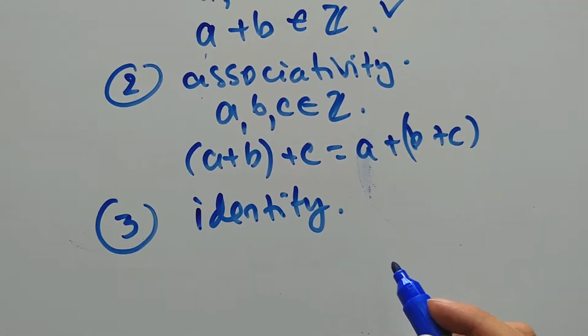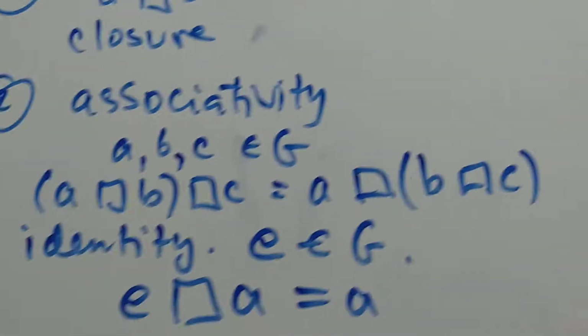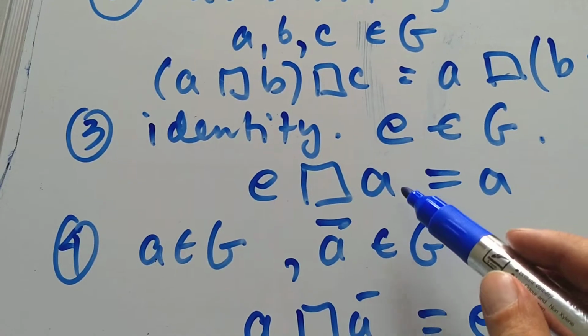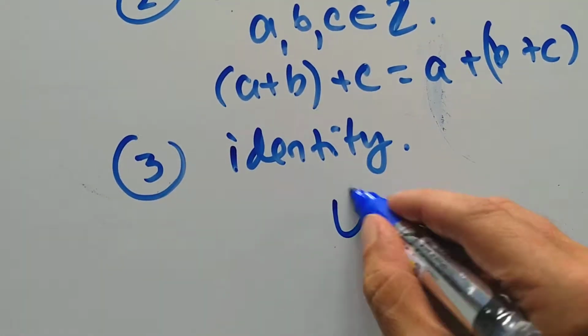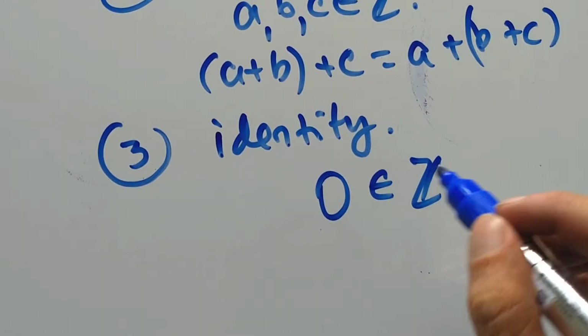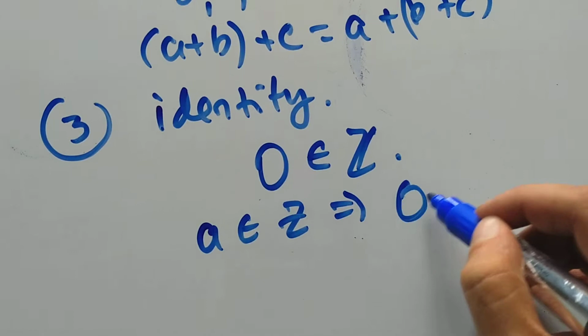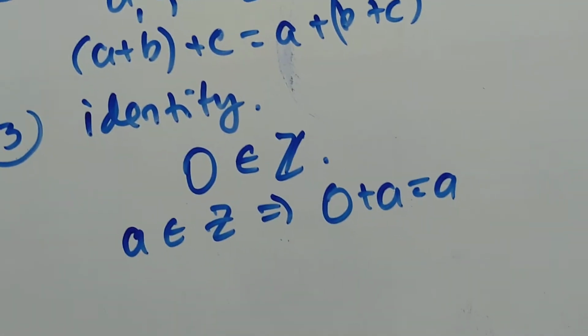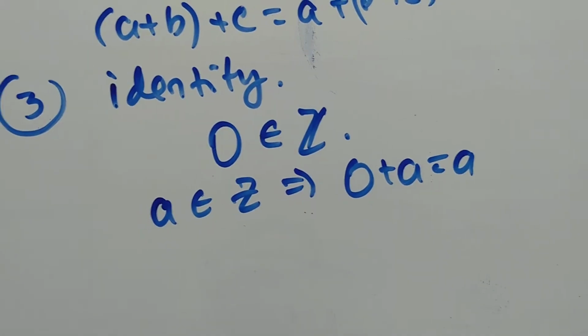There's a special element in Z that behaves like identity. If I combine it with it, it doesn't change A. And what is that special element? Well, it's 0. Watch. If A is in Z, 0 plus A is A for all A in Z. So 0 is my identity.